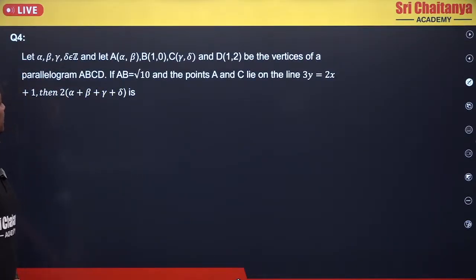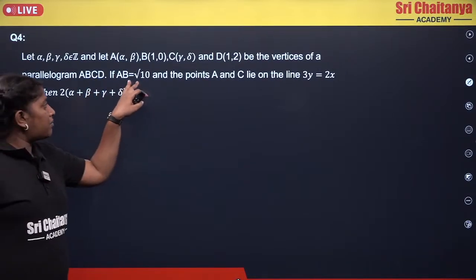Let alpha, beta, gamma, delta belong to Z, which means integers, and let A be (alpha, beta), B be (1, 0), C be (gamma, delta) and D be (1, 2), the vertices of the parallelogram ABCD.